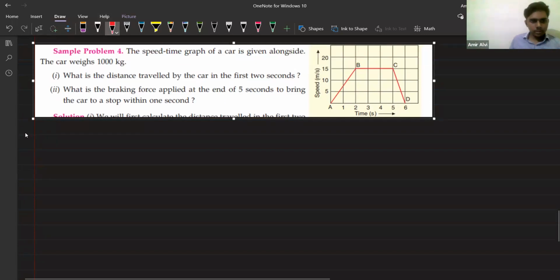Sure. Let's solve it together, everyone. Let's verify who got the right answer. Okay. So let's analyze the graph first. Let me take a picture of the graph only and let's analyze that.